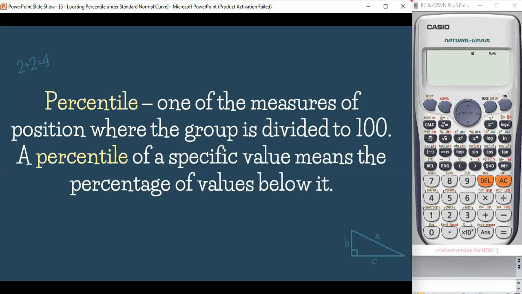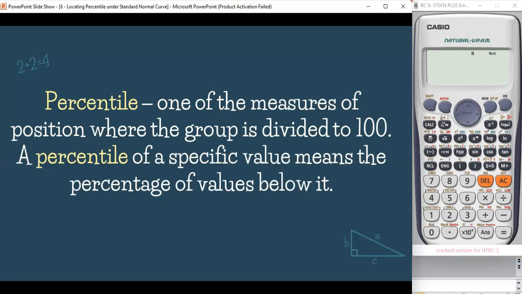Meaning to say, you are included in the upper 5% of the population who took the exam. Ibig sabihin po, maganda yung performance mo, dahil natalo po yung 95% ng mga nag-take nun. So that is how we understand the percentile.